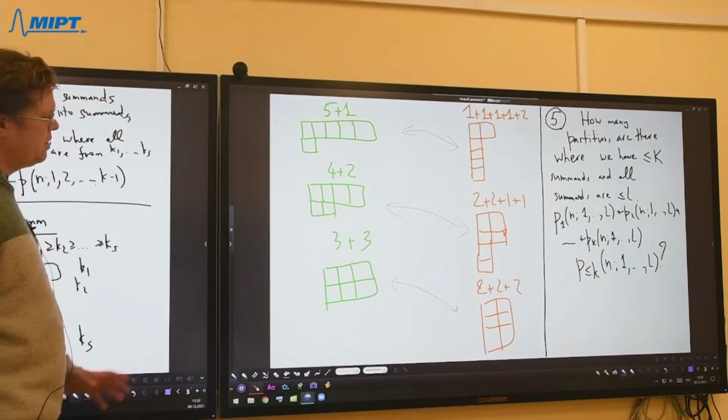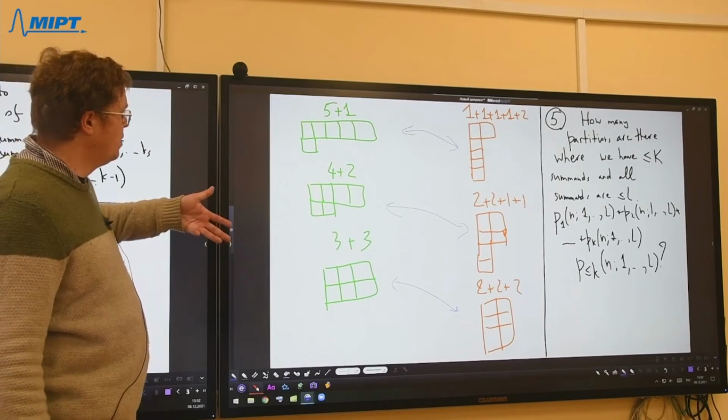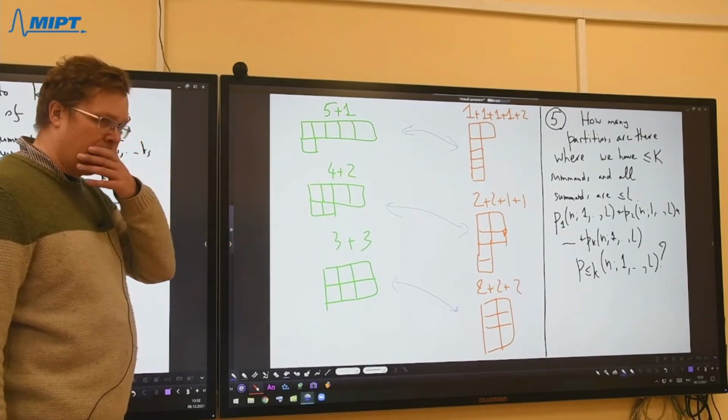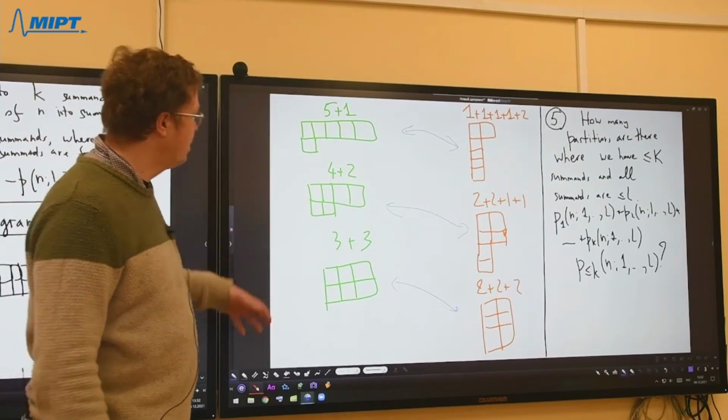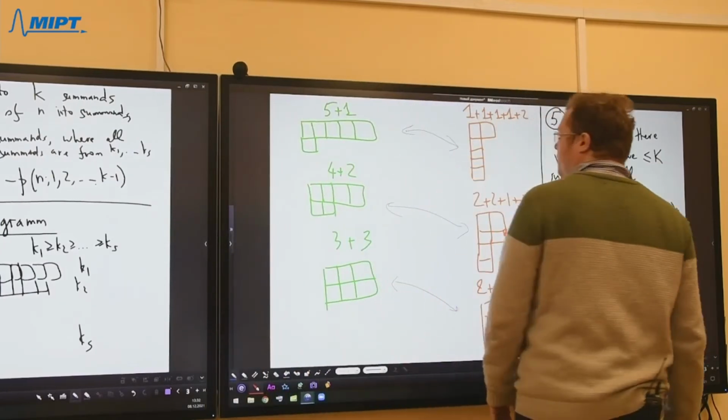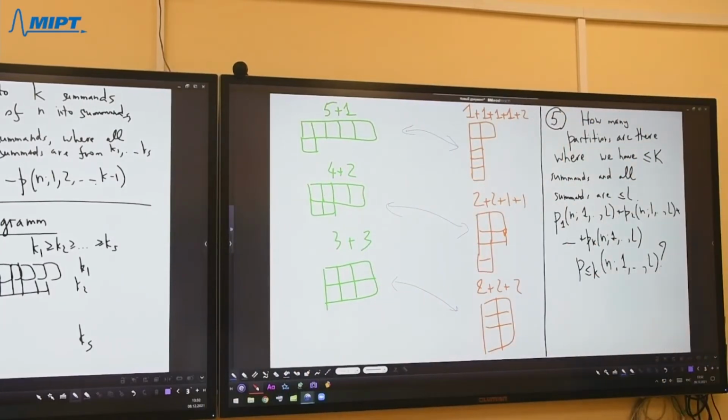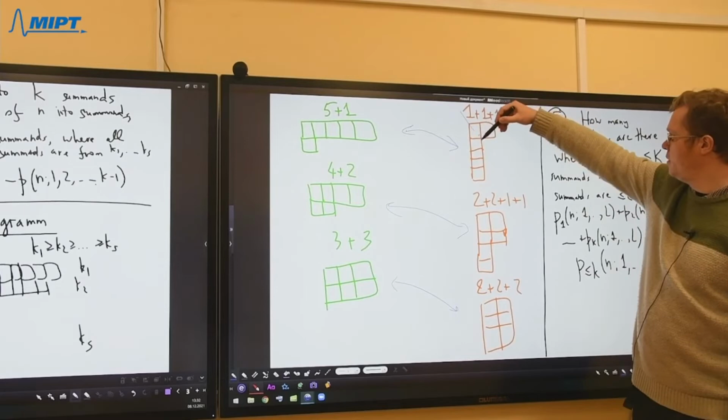We just need to make some geometric motion. We need to make one figure from another, and the idea is that we can make a reflection through the main diagonal.